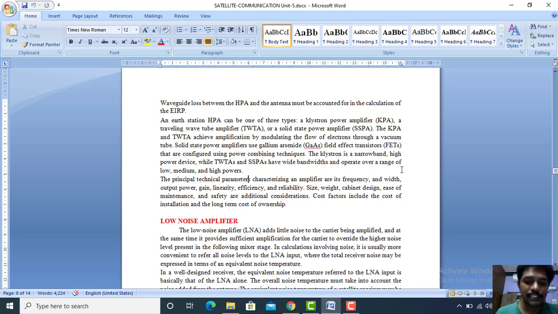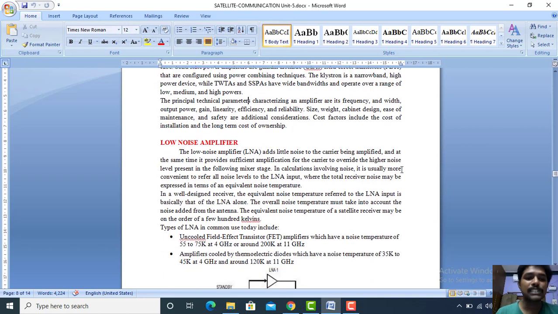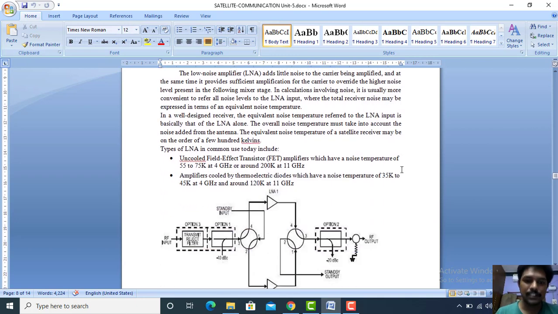Other than these amplifiers, we have another one which is called the low noise amplifier. So these low noise amplifiers will add a little bit of noise to the carrier signal when they are being amplified. In the previous case, that is the high power amplifiers, most of the time we will have a reduction in the noise of the signal near the carrier when we are doing amplification.